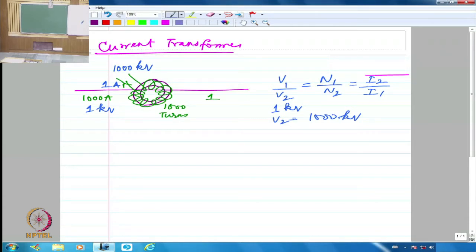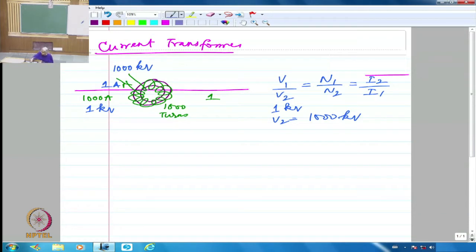And not only that, that large voltage will rupture the insulation if I have not designed the secondary for a larger voltage, which I will not. Normally I will not design the secondary of a current transformer for a larger voltage, because it is meant only for stepping down the current and measuring it. So, that is essentially going to cause rupturing of the insulation.